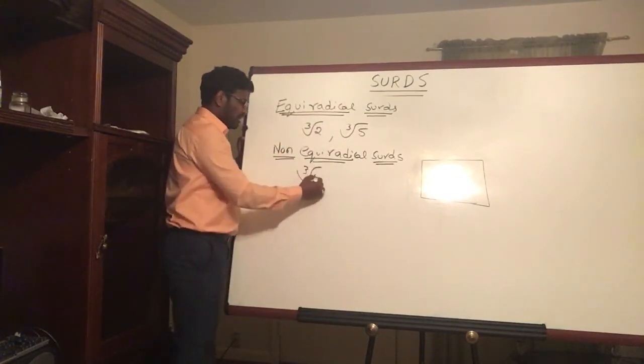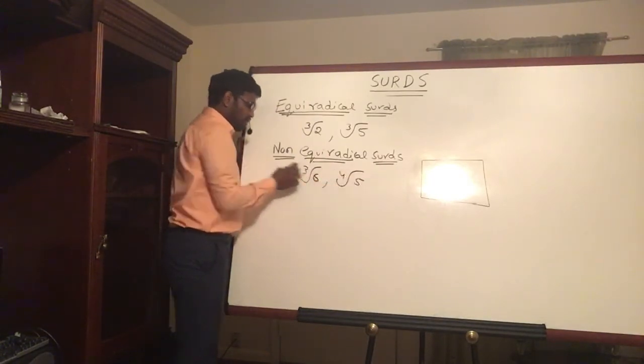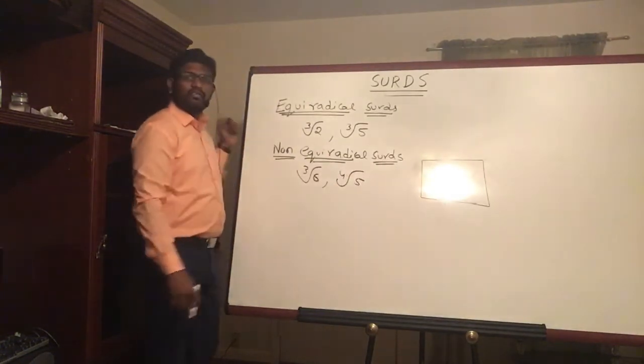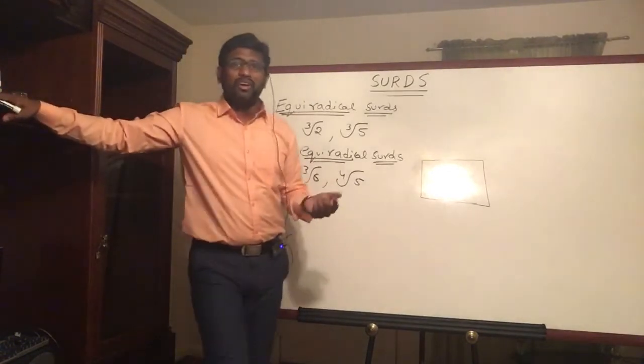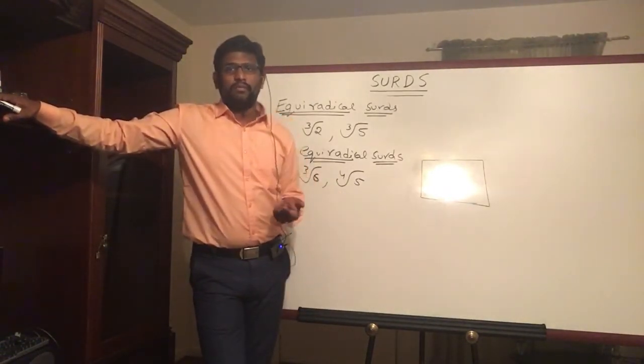Example: cube root 5, cube root 6, 4th root 5. What are the orders? The orders are different. So those are called non-equiradical surds.